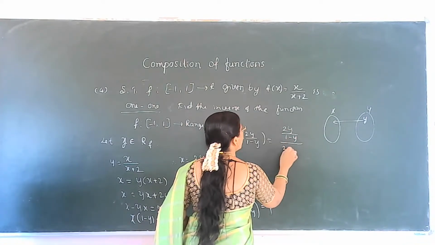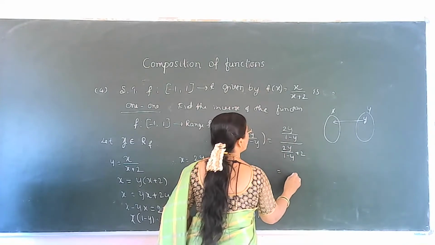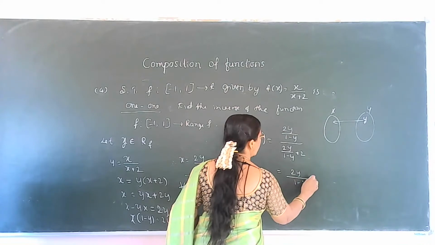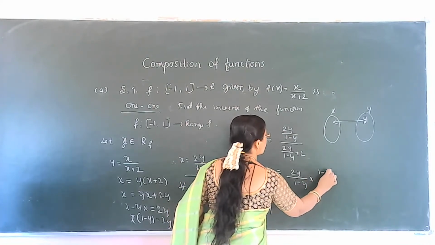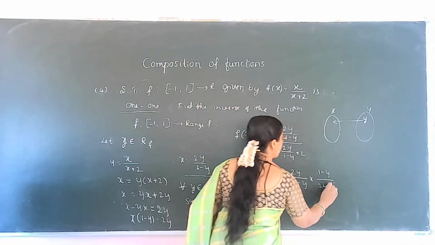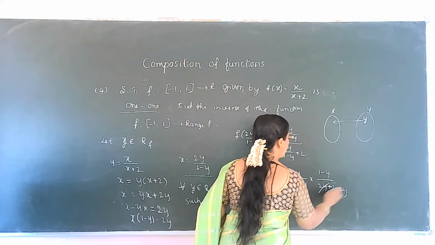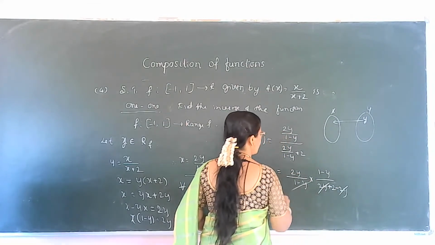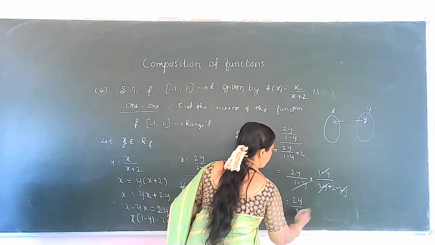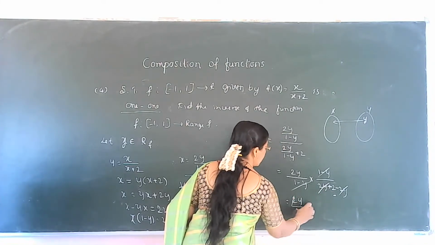Then we can show that f of 2y divided by 1 minus y is equal to 2y divided by 1 minus y, divided by 2y divided by 1 minus y plus 2, which is equal to 2y divided by 1 minus y into 1 minus y divided by 2y plus 2 minus 2y. Here 2y gets cancelled. 1 minus y gets cancelled. 2y divided by 2, the 2s cancel.